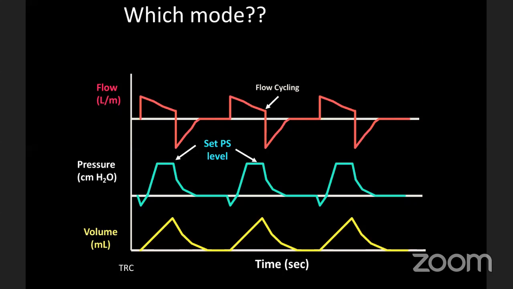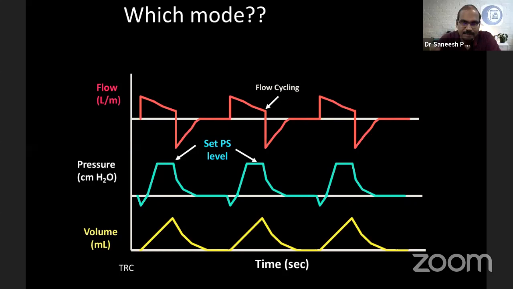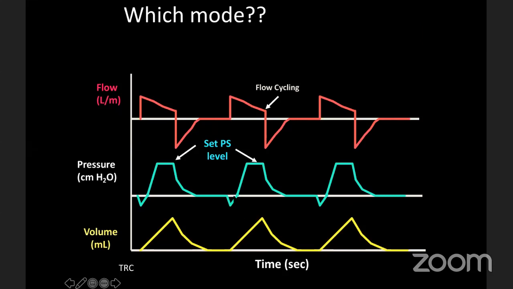And are you getting my point? So we have kept an expiratory trigger sensitivity maybe at 25%. So when the flow reaches 25%, the switchover from inspiration to expiration occurs. Again, looking at the pressure curve, initially there is a negative deflection. So that means patient is initiating or triggering.